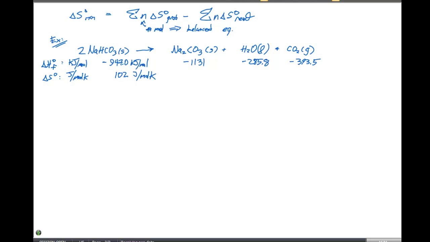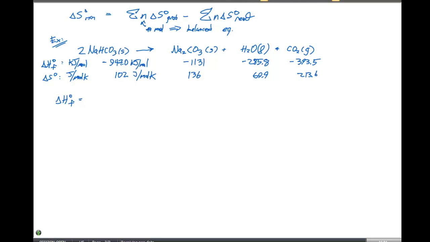The delta S values are going to be 136, 69.9, and 213.6. And these are all in joules per mole Kelvin. Compared to what we were doing last chapter, the math of this stuff is pretty simple, right? So if we want to calculate our delta H naught of formation, it's going to be the sum of the products minus the sum of the reactants.